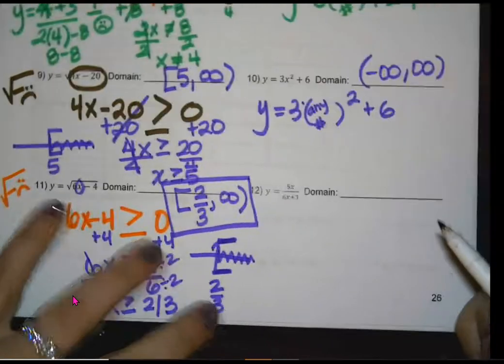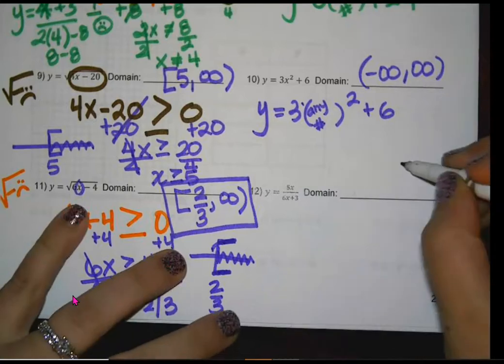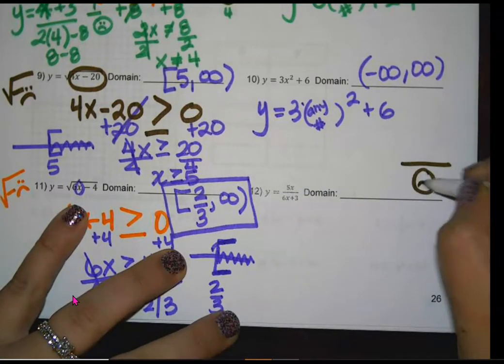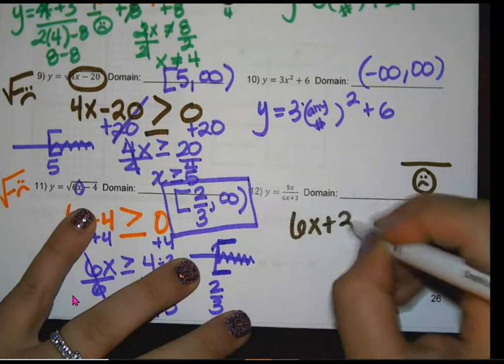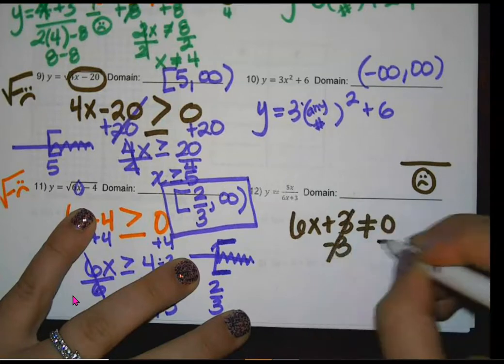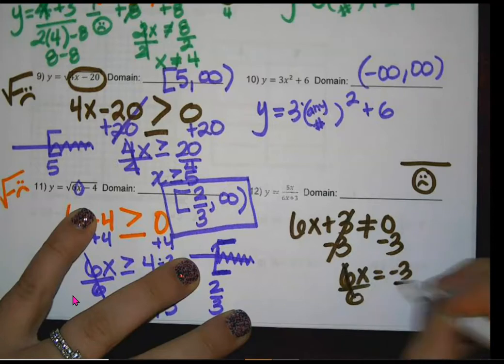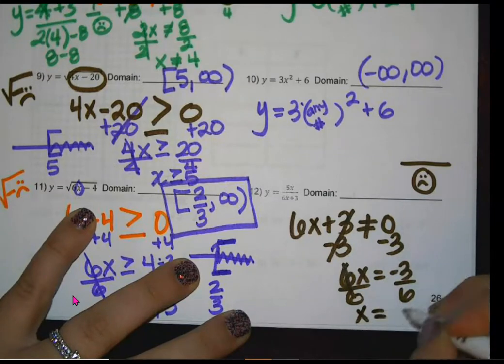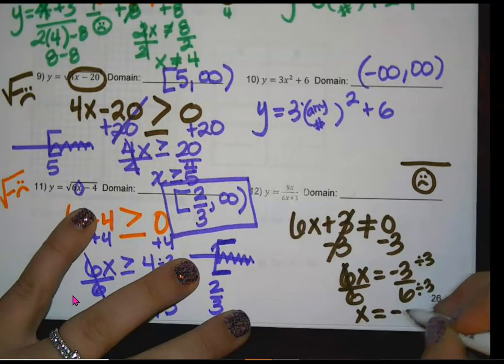All right, last one here. We have a fraction, and we know that the bottom of a fraction can never be 0. So we want to find out what number, if I plug it in here, will make this equal 0. I'm going to solve this equation, divide by 6, and we get x equals, 6 can't go evenly into 3, so we just simplify it to negative 1/2.